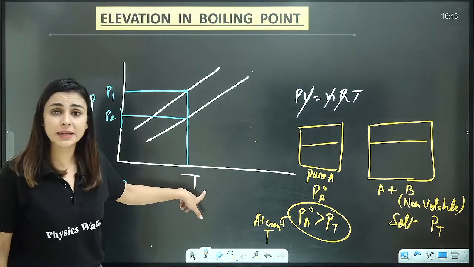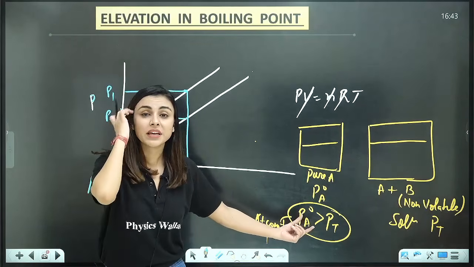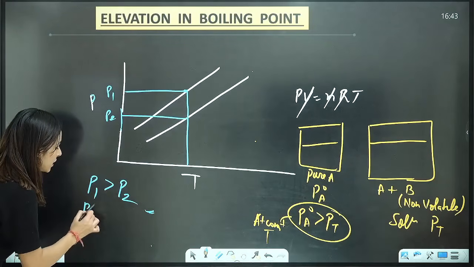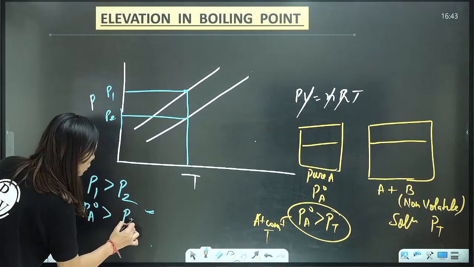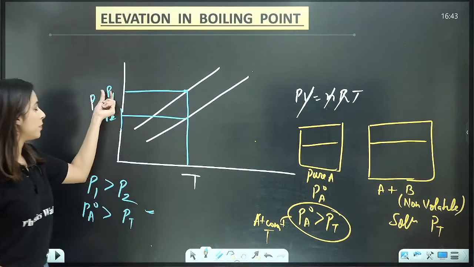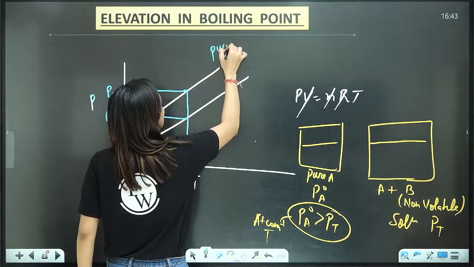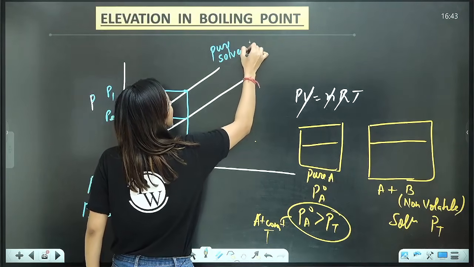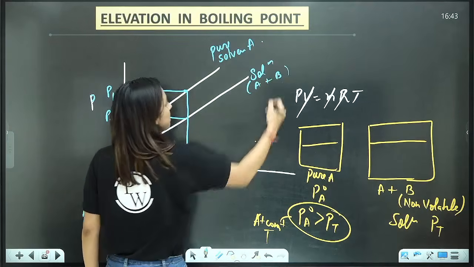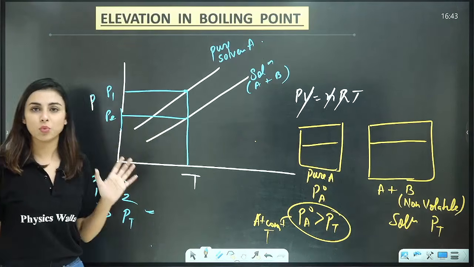At constant temperature, PA naught will always be more than P total. So P1 is PA naught and P2 is P total. So the P1 pressure corresponds to the pure solvent A, and this is the solution, that is A plus B. I hope you understand this because this was a very important part.